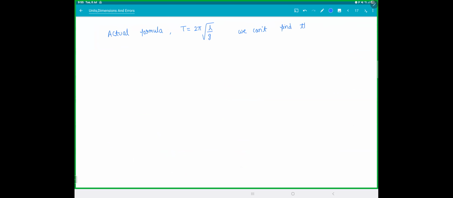You can't find that 2 pi using this method. Second drawback, if the equation is in the form of S is equal to ut plus half at square, you can't find these kinds of equations. If the formula contains addition, subtraction of terms, we can't find it. So yeah, we have a method, but really not useful in certain cases.